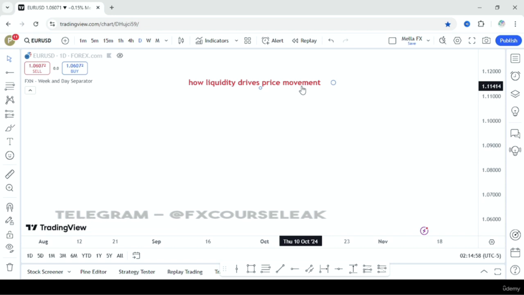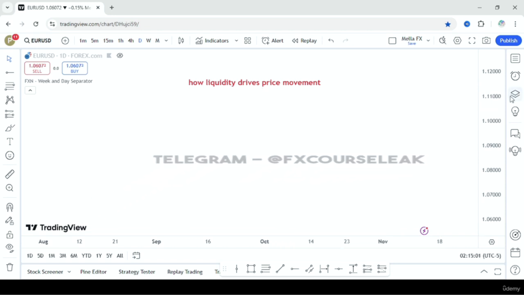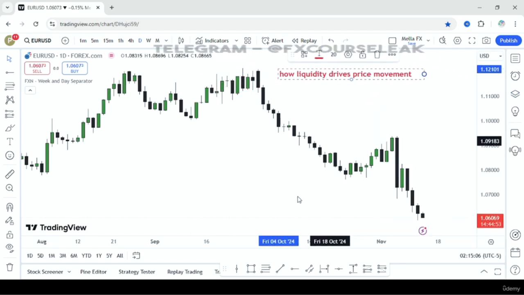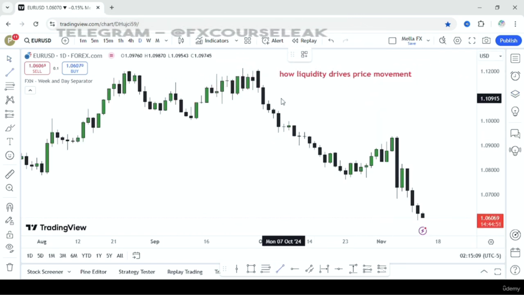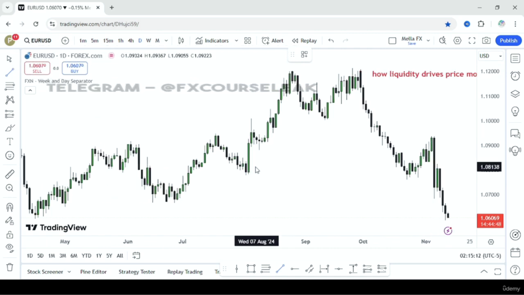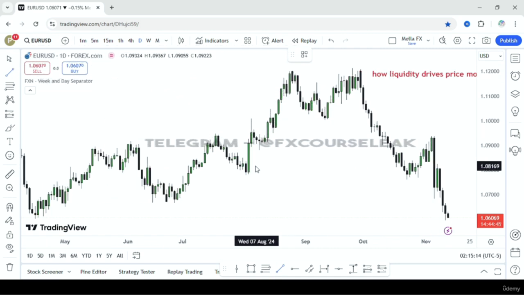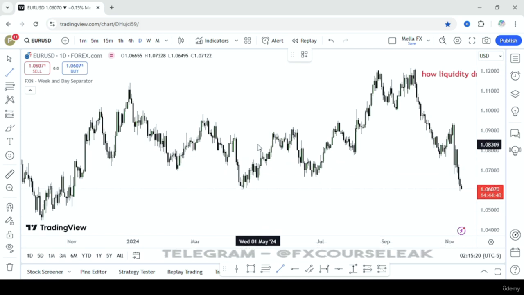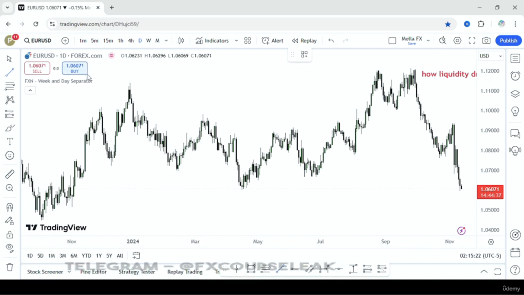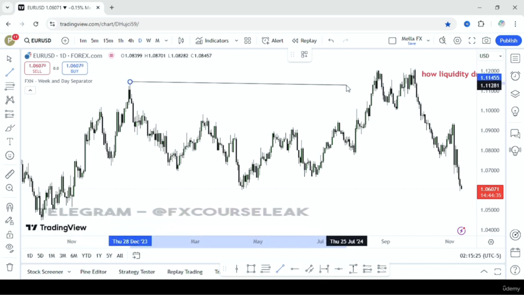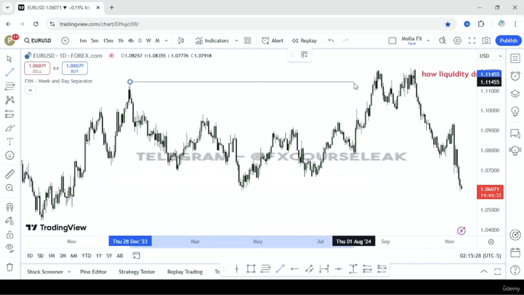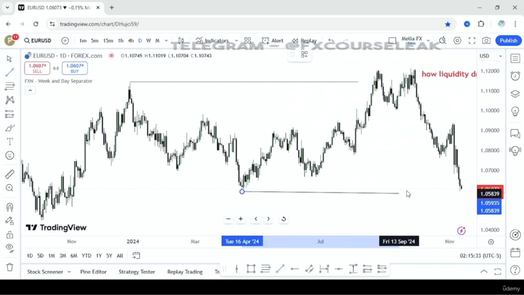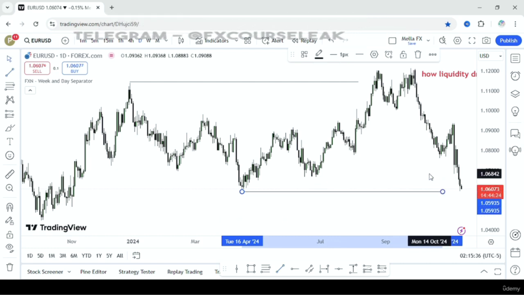So when we understand this, we can look further into our charts. Since the market moves from a premium to a discount, the premium market is any liquidity above the market, and any liquidity below the market is the sell side liquidity.